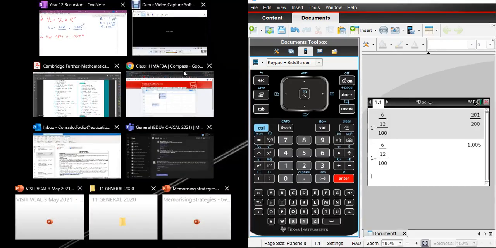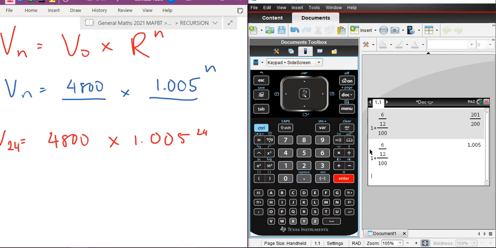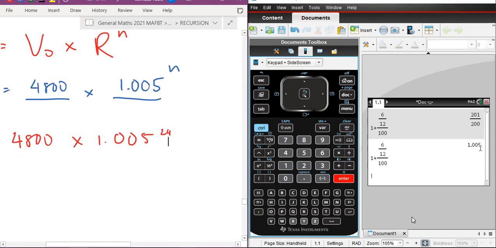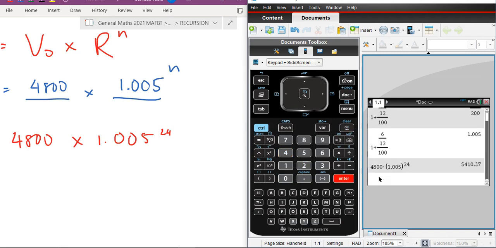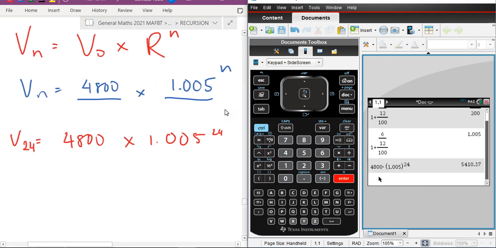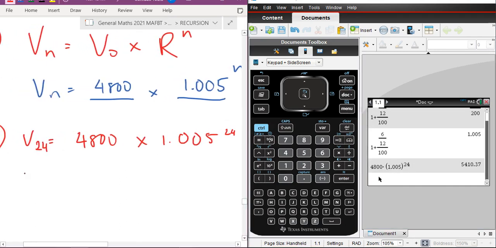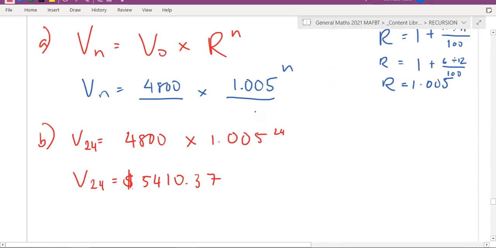That'll be 4,800 multiplied by 1.005 to the power of 24. Those are the sort of questions you'll get in the exam and on the SAC. You've got to actually read the question properly. It was $5,410.37. So that's the answer there.